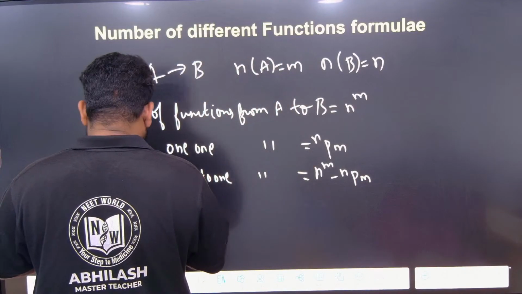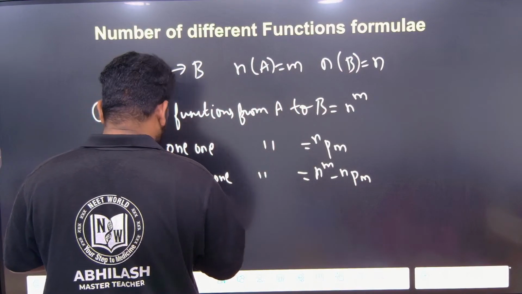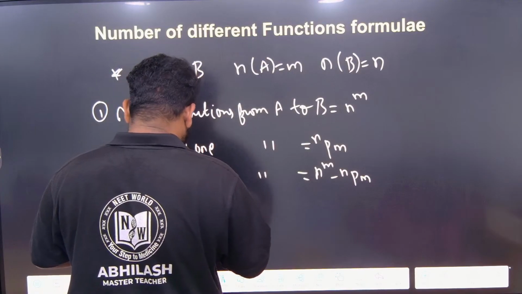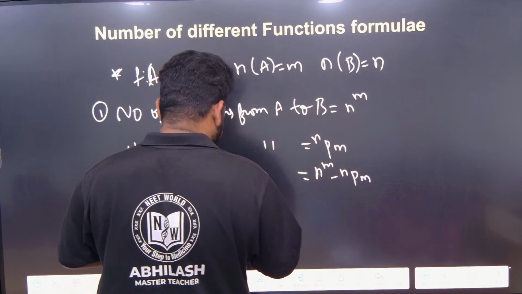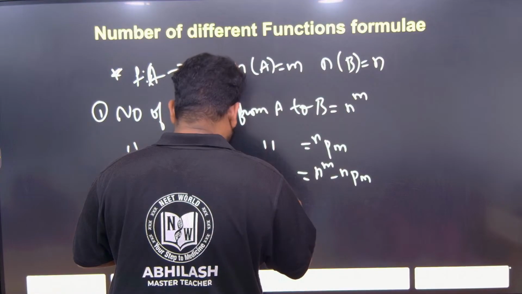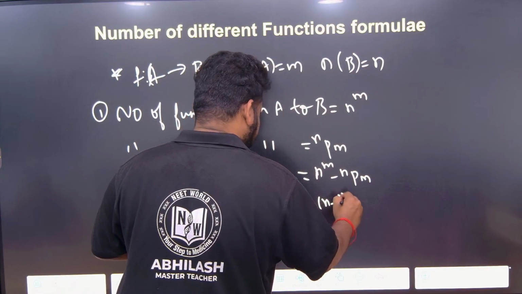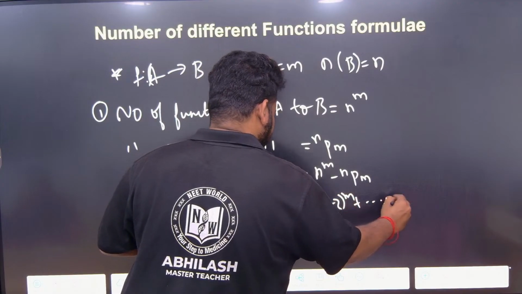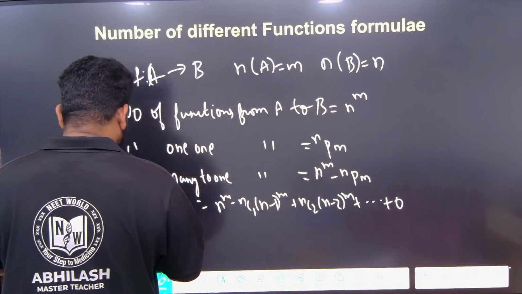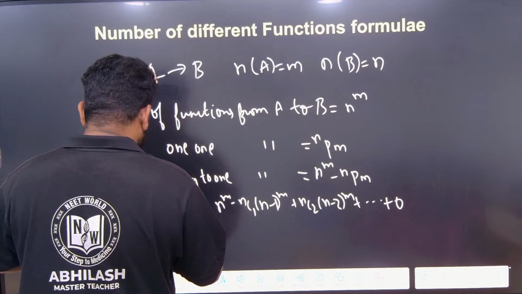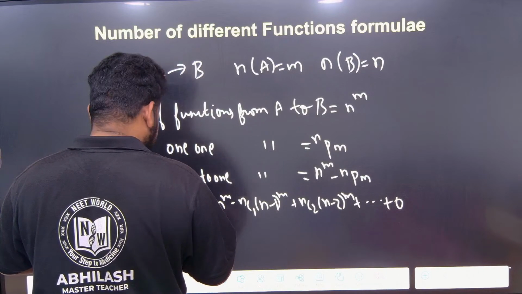Number of onto functions is n power m minus nc1 (n minus 1) to the power of m, plus nc2 (n minus 2) to the power of m, and it goes on up till 0. Number of into functions is n power m minus this one.